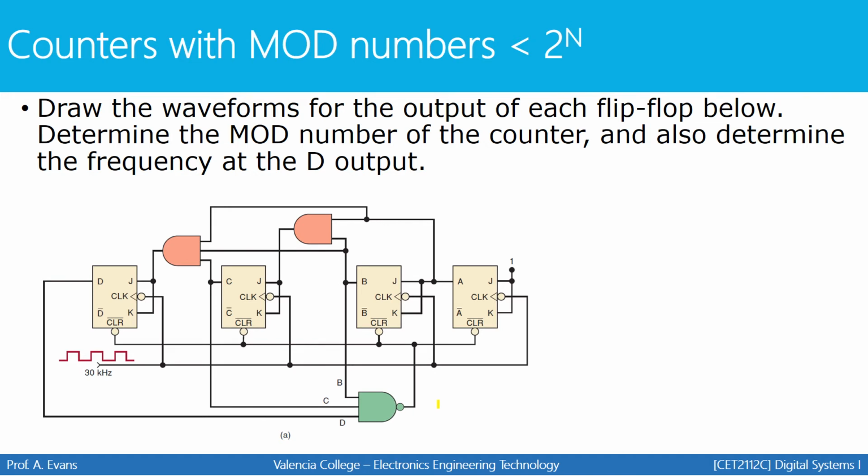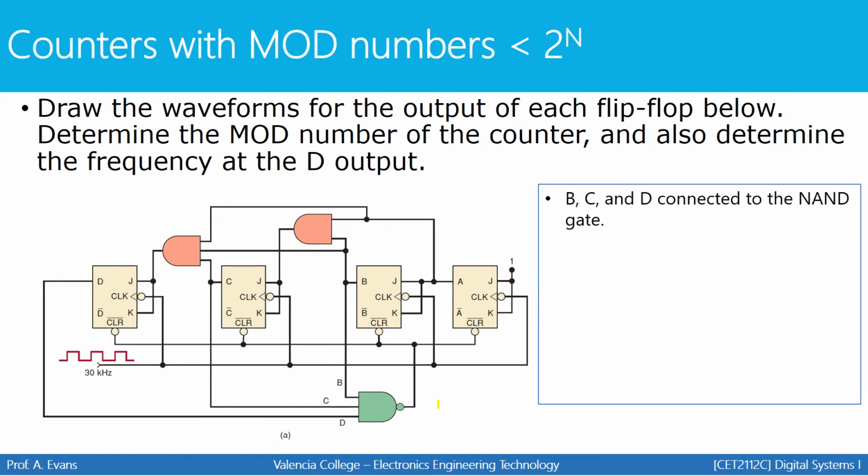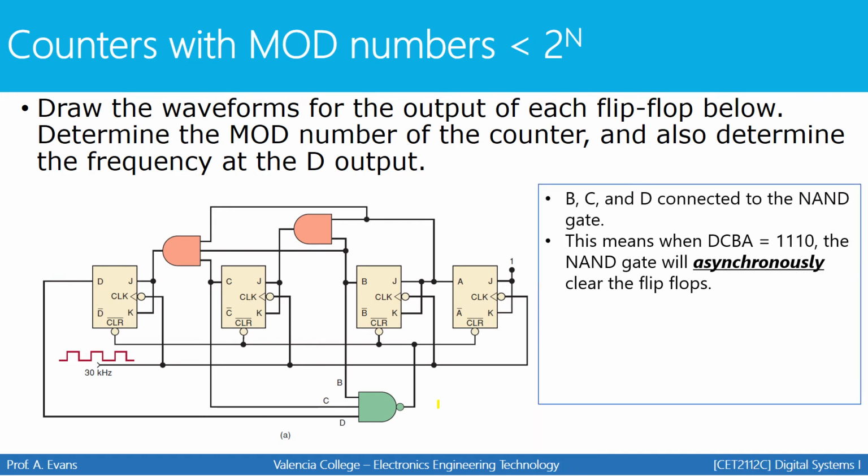So that tells us that when D, C, and B, when those 3 are high, anything connected to the NAND gate, you will say, oh, if that's high, then that's one of the conditions that will cause the NAND gate to clear the flip-flops. Anything not connecting to the NAND gate, you'll say that's low.